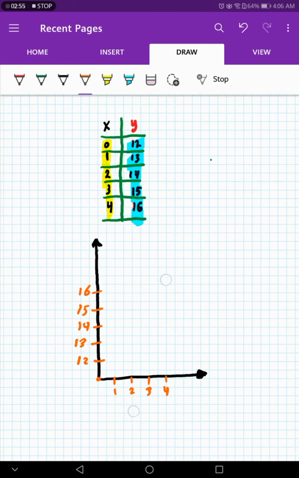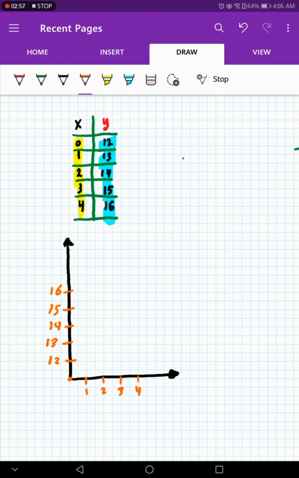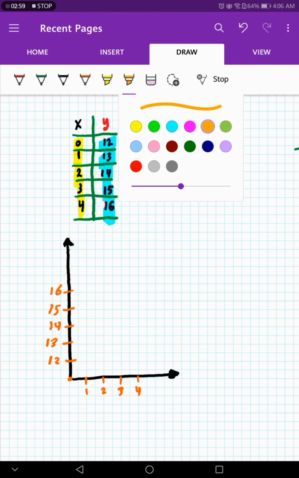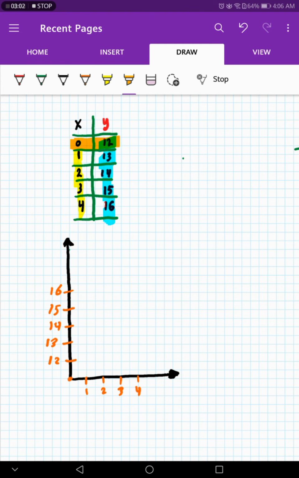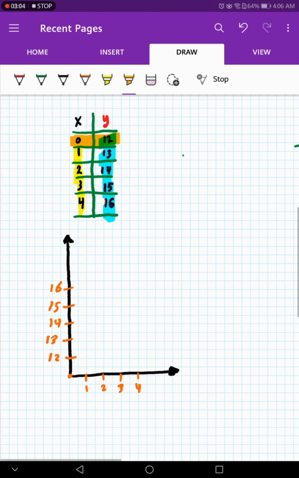Now 0 and 12. The first ordered pair here, my dear student, is (0, 12). That means 0 to the right and 12 up. So I stay at the origin and move up 12. So it is here. This is the point. The second ordered pair is (1, 13), as you see.